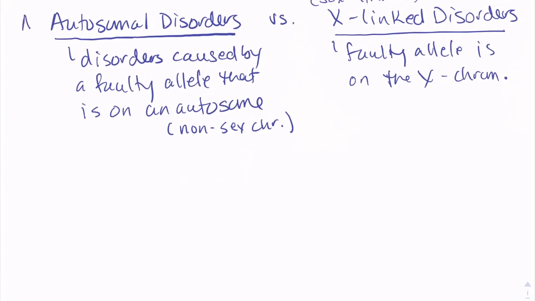If we have an outline here, A, I have B over here. Autosomal disorders come in one of two varieties generally. And the first would be what we call autosomal recessive.